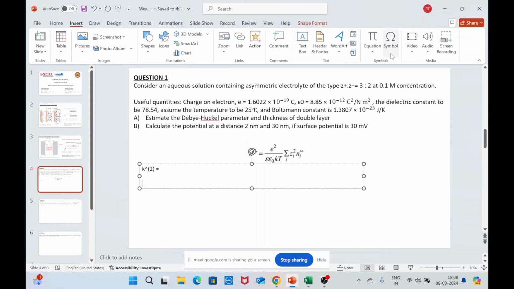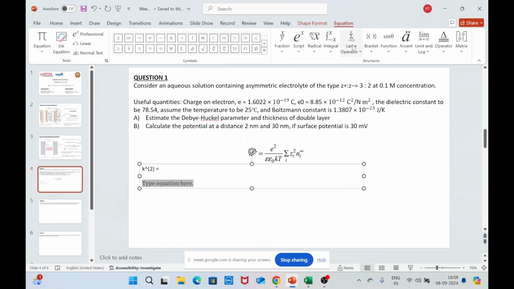So summation of z square times n_i infinity.